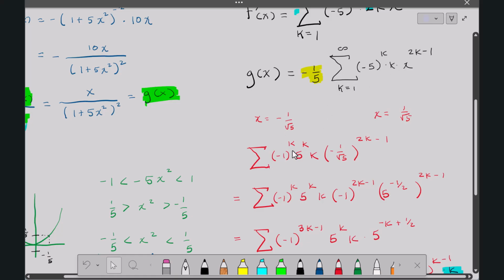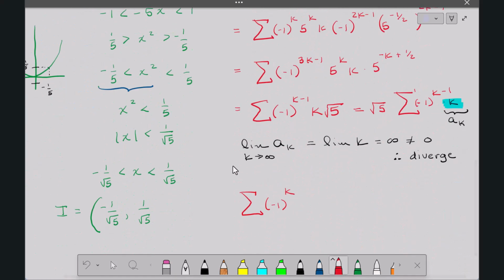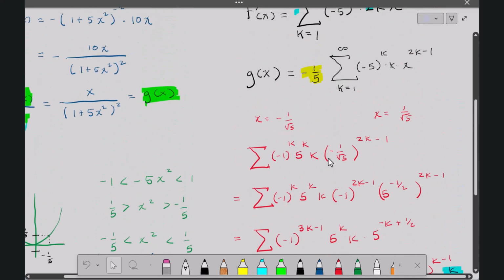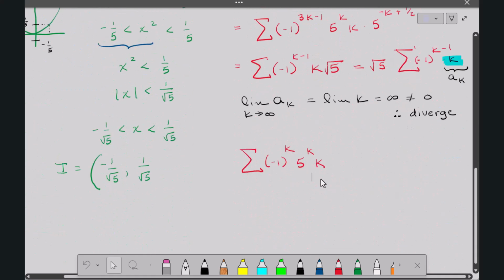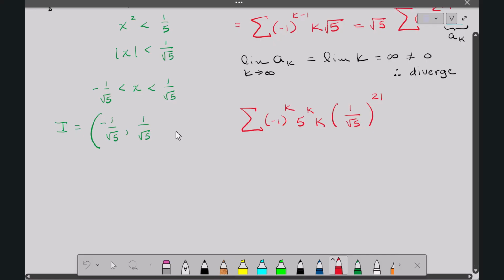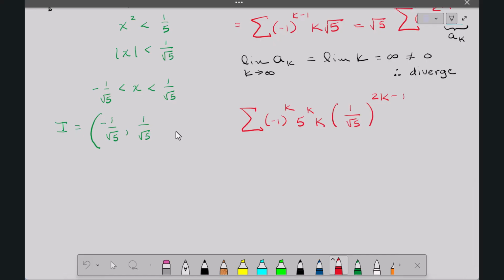We have the negative 1 to the k, we have the 5 to the k and the k. And then we have our x. So it's going to be 1 over root 5 to the 2k minus 1. We have to decide if this converges or diverges.